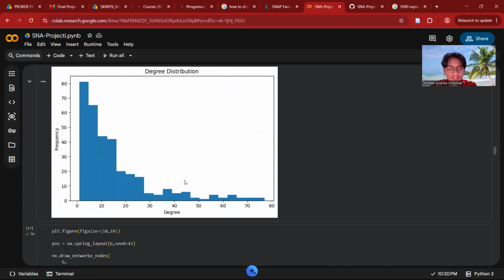The degree shows the number of users or the number of IDs, and frequency means how often the user connects. So we can see the first degree has the highest frequency, or the highest connection to other nodes.